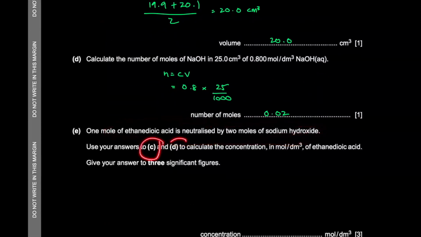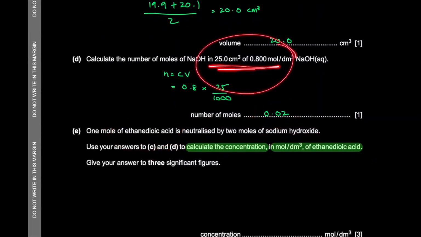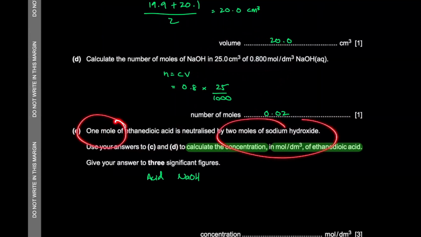Use your answers to C and D to calculate the concentration in moles per dm cube of ethane dioic acid. So we want to find the concentration. The first thing we're going to do is find the moles of ethane dioic acid. We have the moles of sodium hydroxide that we use in the titration. The question says 1 mole of acid requires 2 moles of hydroxide.